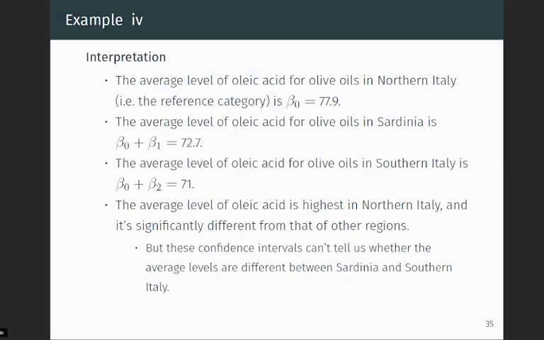But these confidence intervals unfortunately can't tell us whether the average levels are different between Sardinia and southern Italy. That's not a comparison that any of those coefficients are doing. And so you would need to do that comparison separately. We won't talk about this, but there are ways of measuring those differences for the missing comparisons.